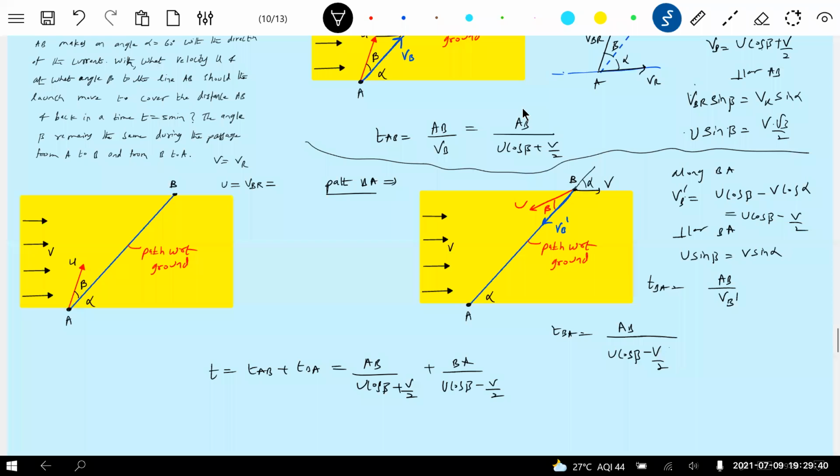Anybody? Cos 60, alpha is 60, no? Cos 60 will be 1 by 2. Yeah.